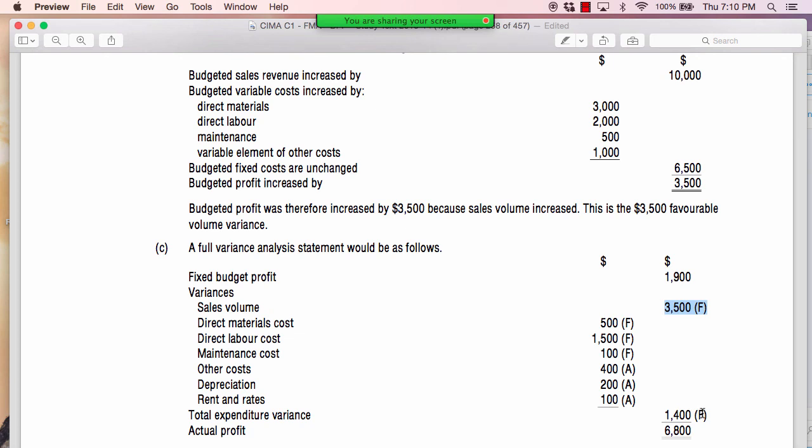And sometimes, even though our variable component might be favorable, like in this case, we've got favorable. Even though we have an increase in the number of units produced, we have a favorable variance in material cost.